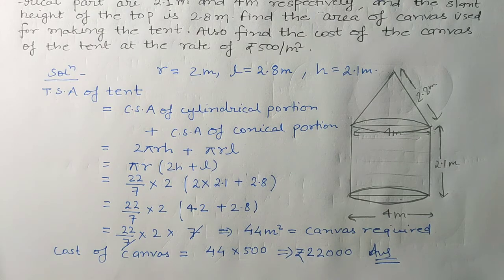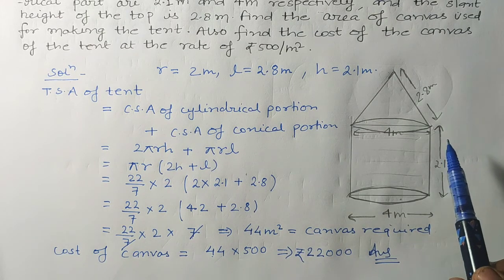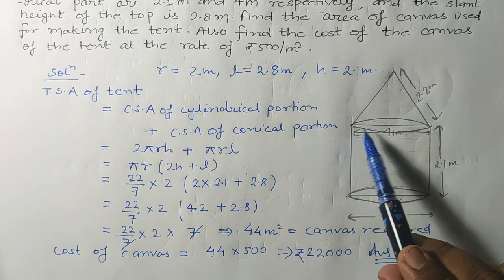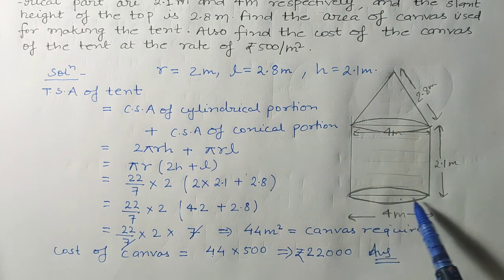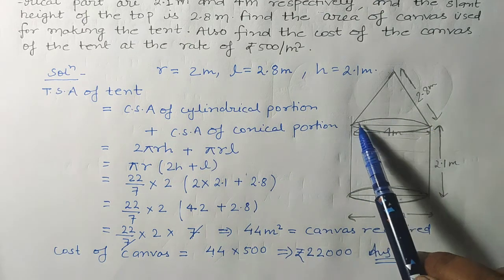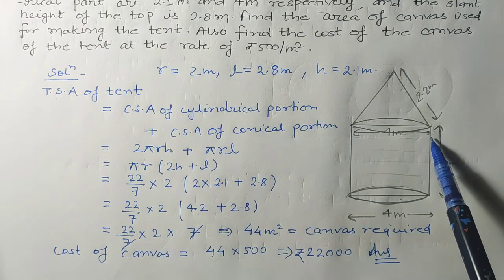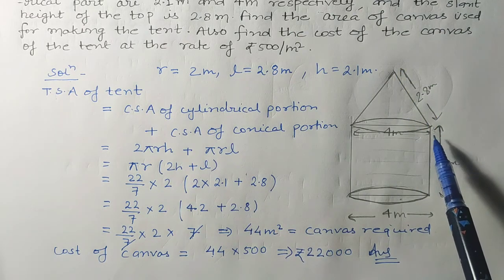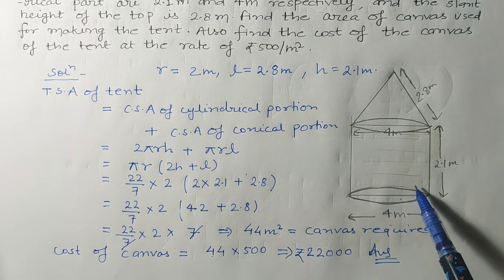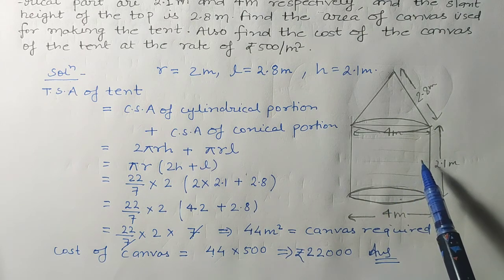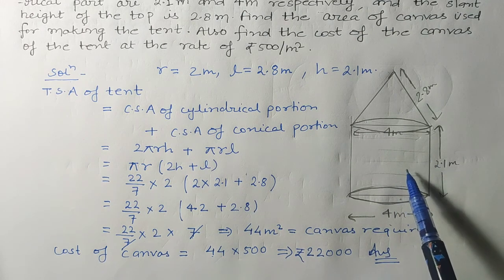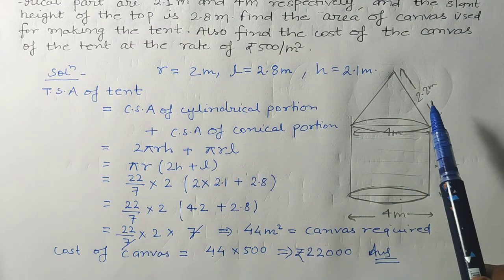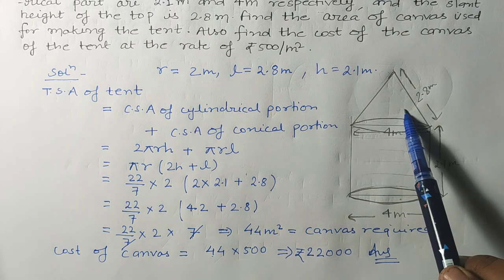Okay students, what we have done here, it was a very easy question. Basically in this tent, the base part is in cylindrical form and the top part is in conical form. To find the area of the canvas, we have to add the curved surface area of the cylindrical portion and the curved surface area of the conical portion.